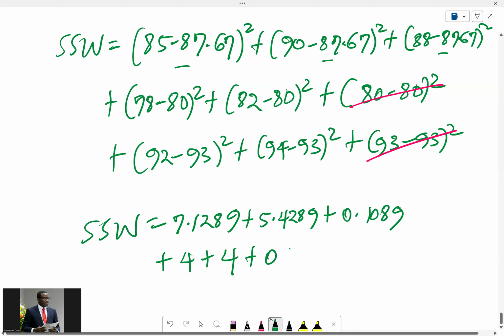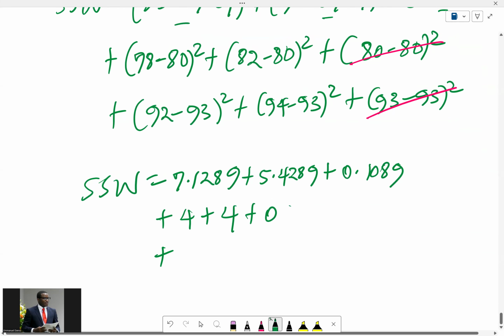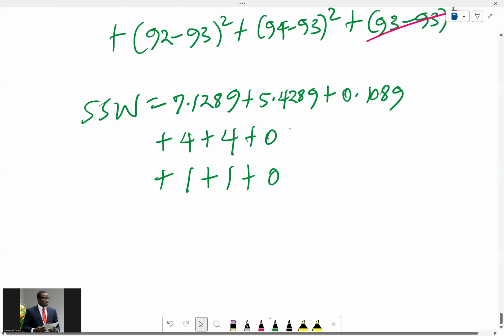Then the last group now, 92 minus 93, that's minus 1 squared, which is simply 1. Then plus the next one, 94 minus 93 squared, that is 1 again. Then the last one is 0. So SSW is obtained this way.